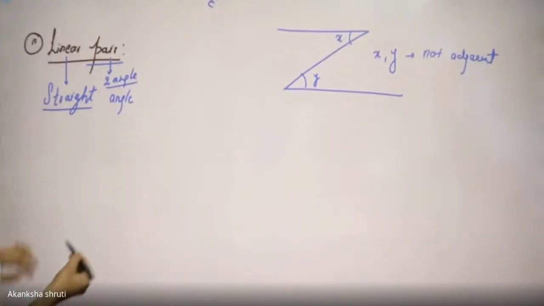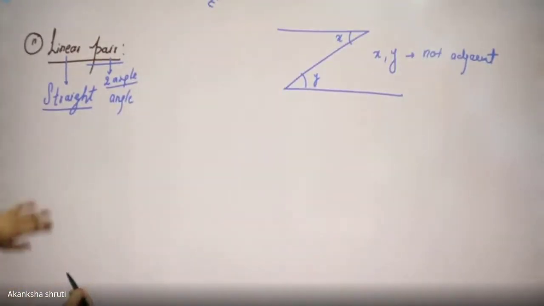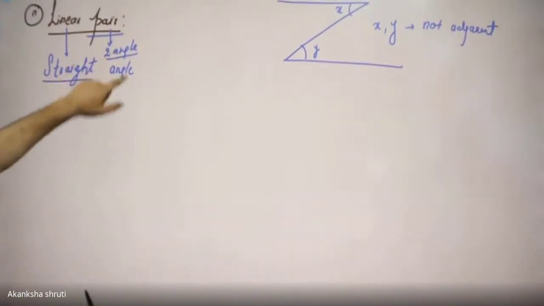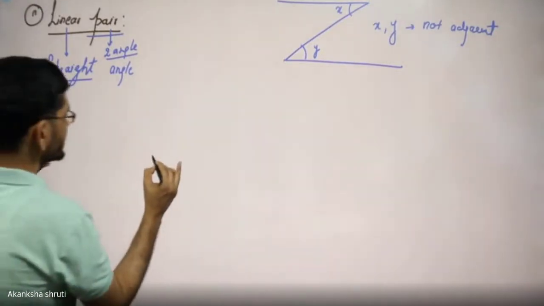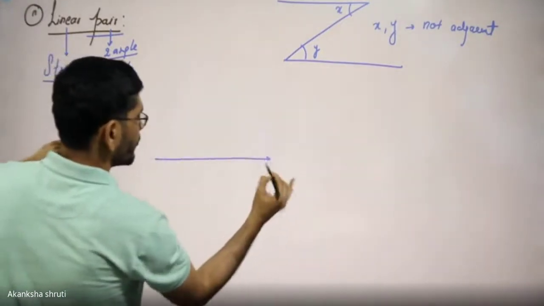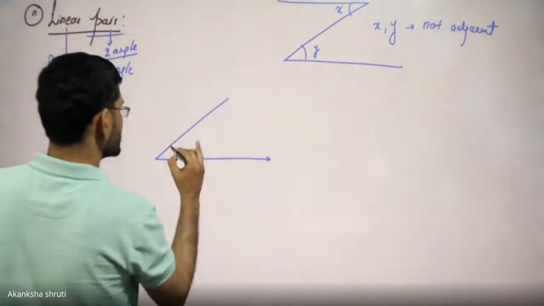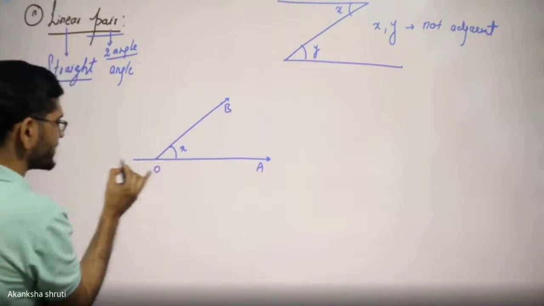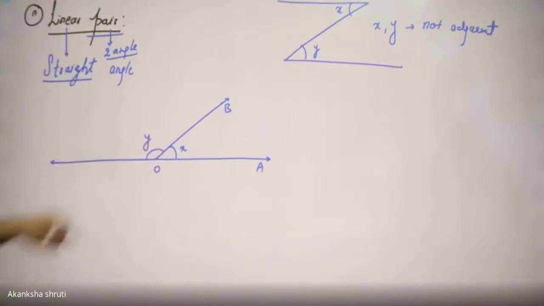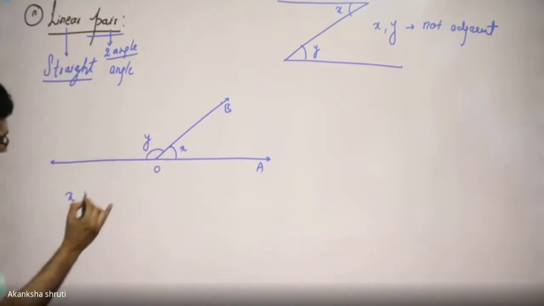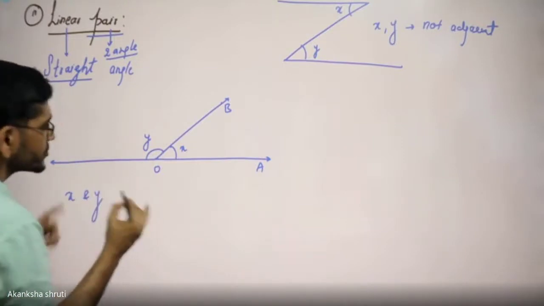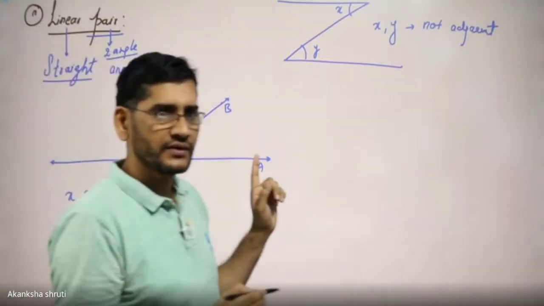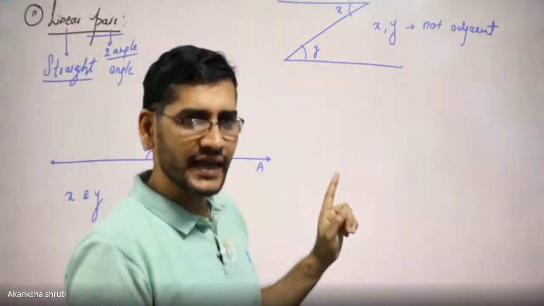So, students, the two angles have to be taken. Keep in mind the two angles. Okay. So if we take one angle, consider this one as x, and the other angle is such that this becomes a straight line, then this x and y together are an adjacent pair or adjacent angle.